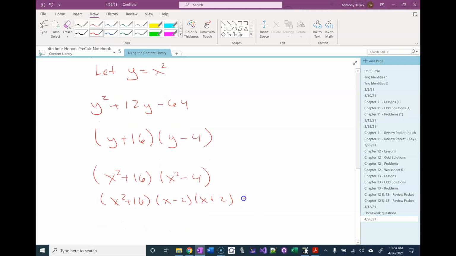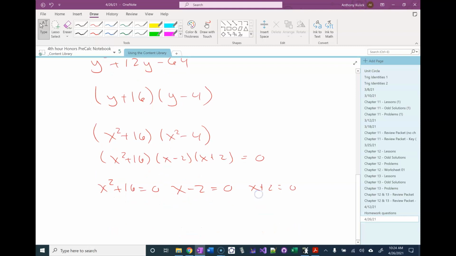And then if I want to find the zeros, I just apply the zero product property and set each of these factors equal to 0. So that's going to give me plus or minus 4i, and then x equals 2, and x equals negative 2.